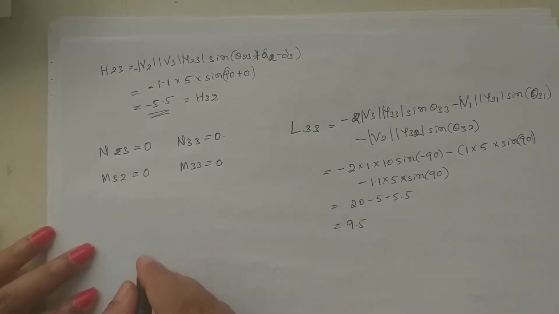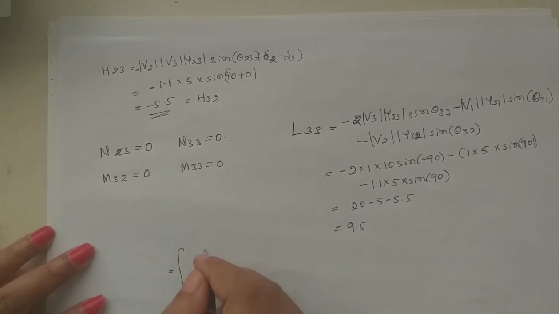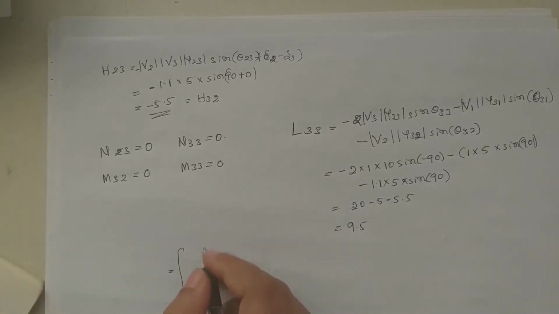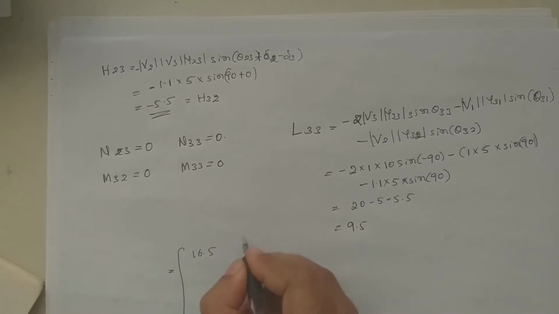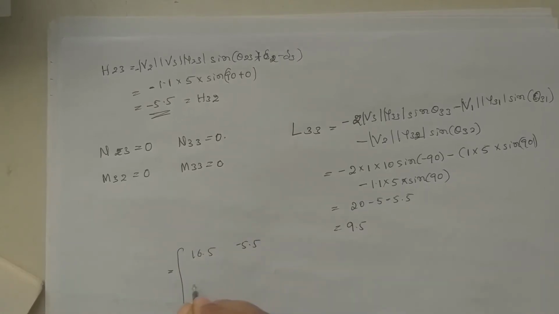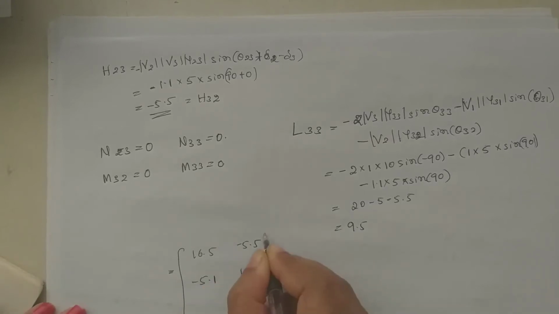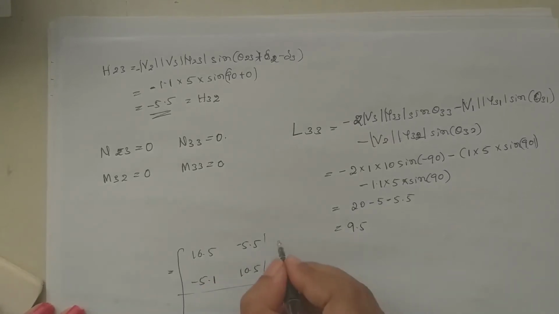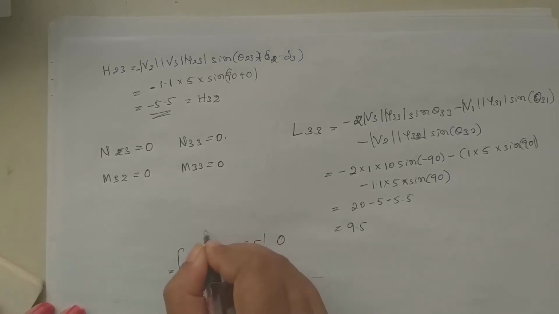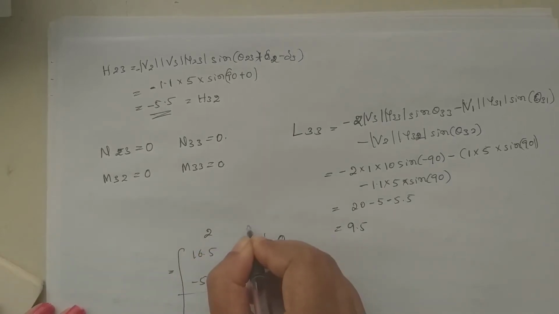Therefore the H, N, M, L matrix would be: 16.5, minus 5.5, minus 5.5, 10.5. This is the H matrix. The N matrix is 0, in the second row third column and third row second column.